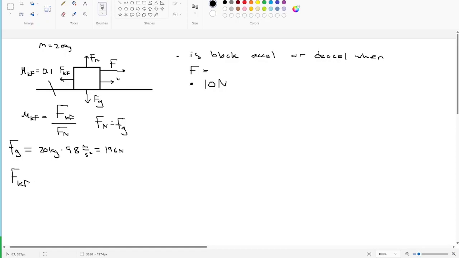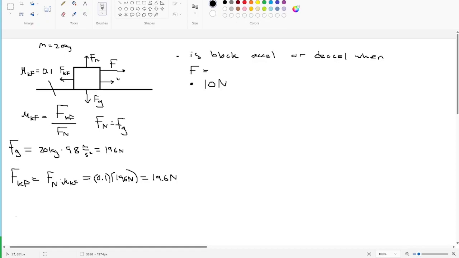Force of kinetic friction is going to be equal to normal force times the coefficient of kinetic friction, and we've established that the normal force is going to be equal to the force of gravity, times 0.1 times 196 newtons. So in this case, the force of kinetic friction is going to be equal to 19.6 newtons.